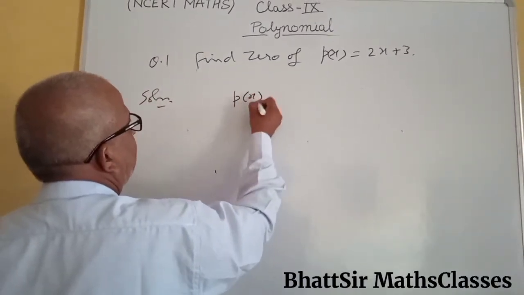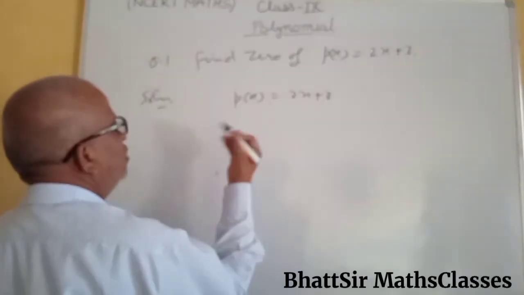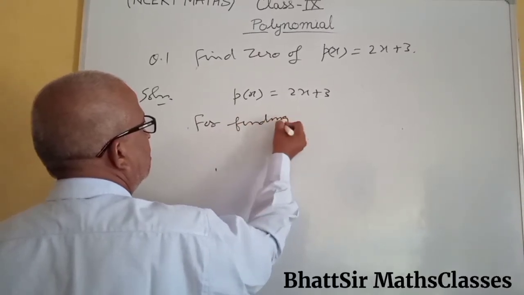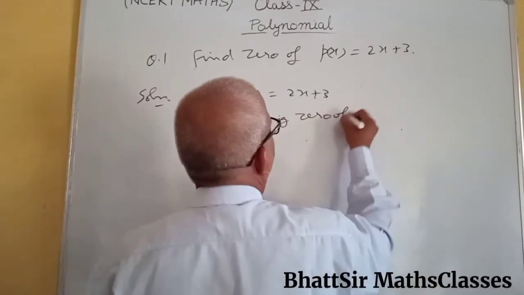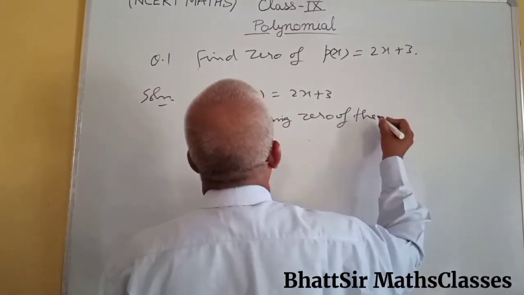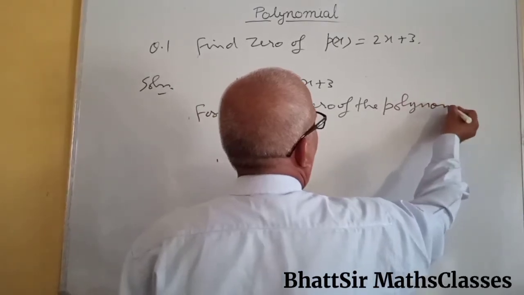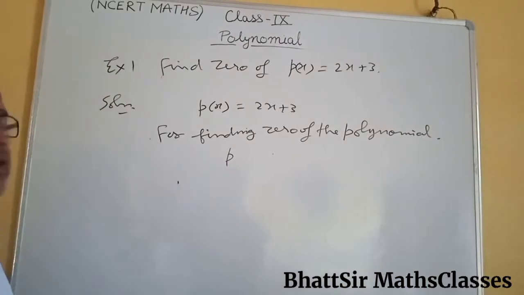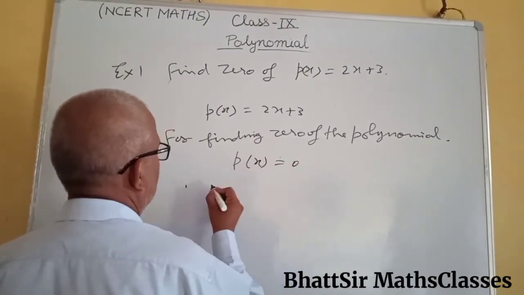First of all, we write down 2x plus 3. We have to find out the zero. For finding the zero of the polynomial, p(x) equal to 0.